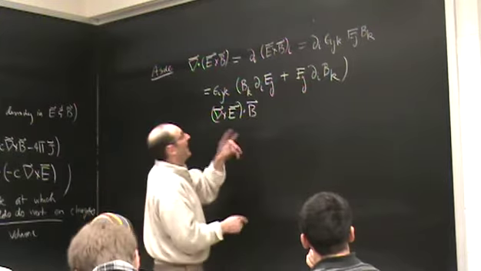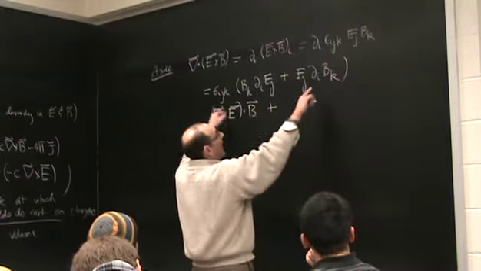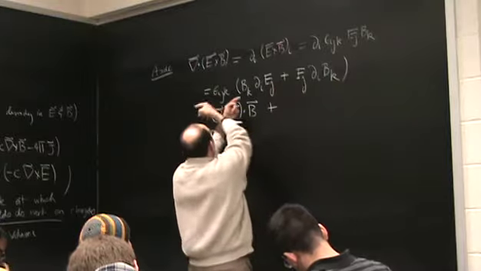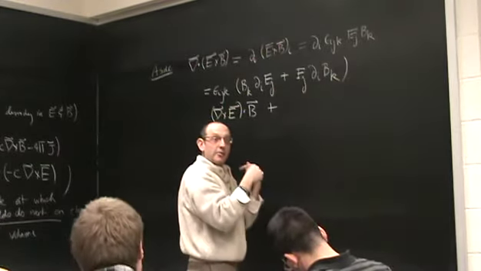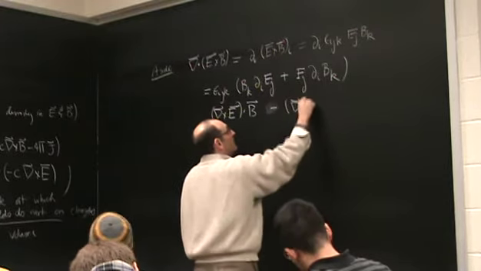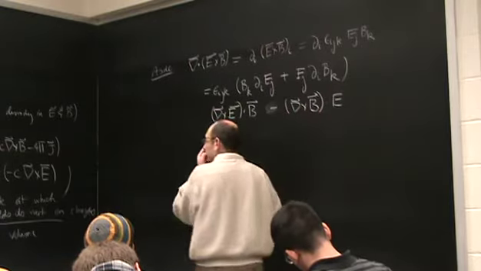Okay? And then I get this one. So now I have to switch the i and the k, that's a negative sign in the non-cyclic permutation. So it's minus del cross B dotted into E.